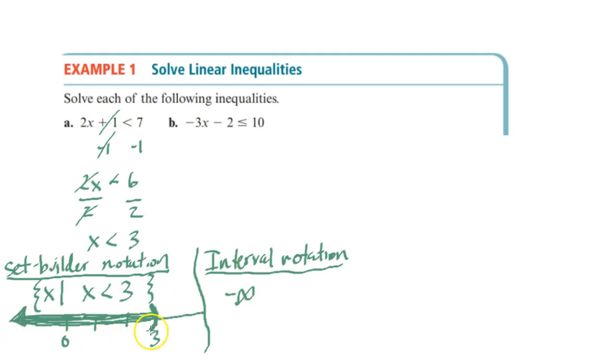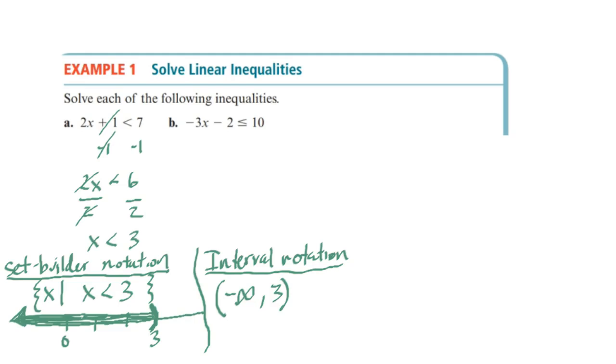Negative infinity up to the highest value of 3, not including 3. And there we go. And you never include infinity or negative infinity. So you always have that type of bracket, soft bracket, because you can never reach that ending point of negative infinity. And those are the 3 different ways you may want to express your solution.